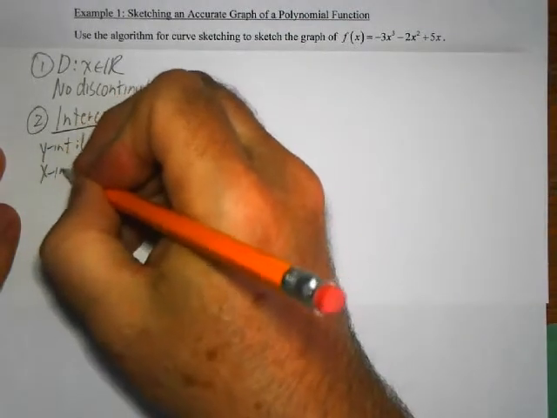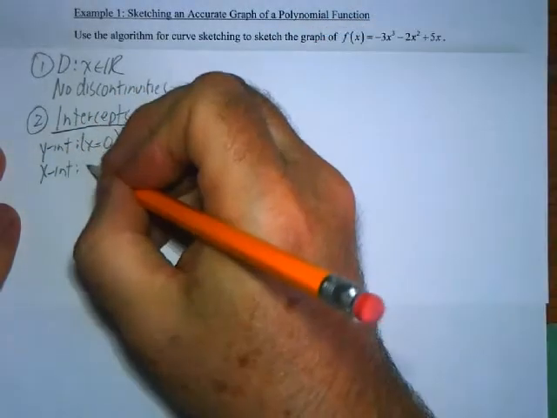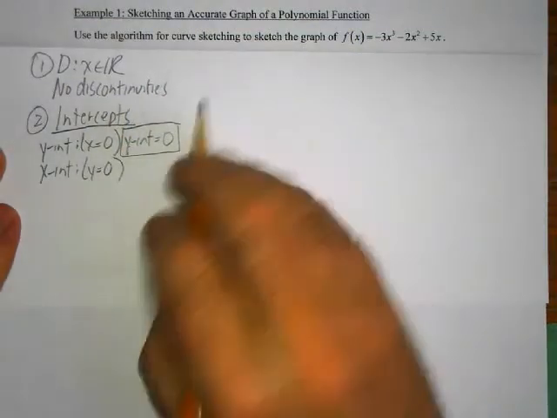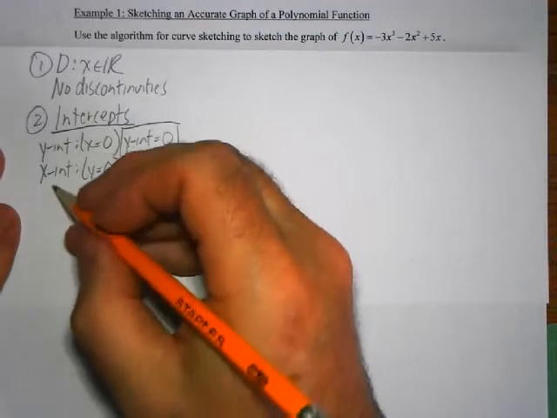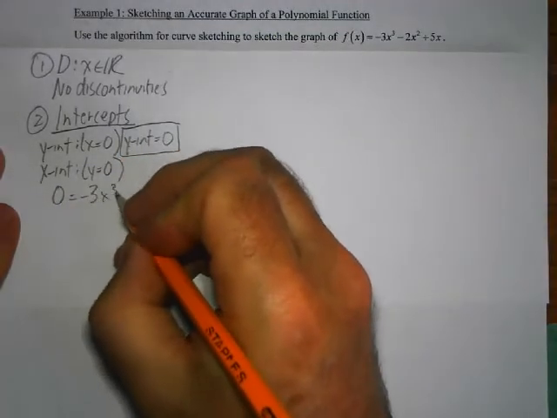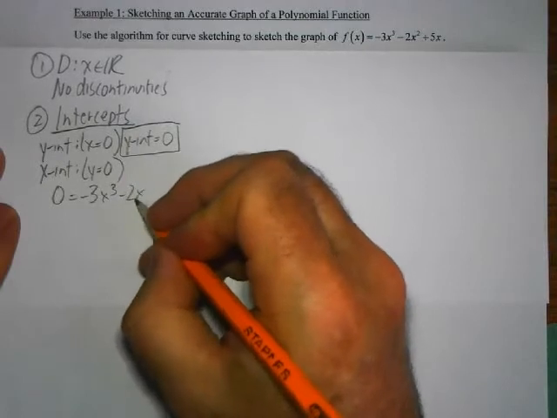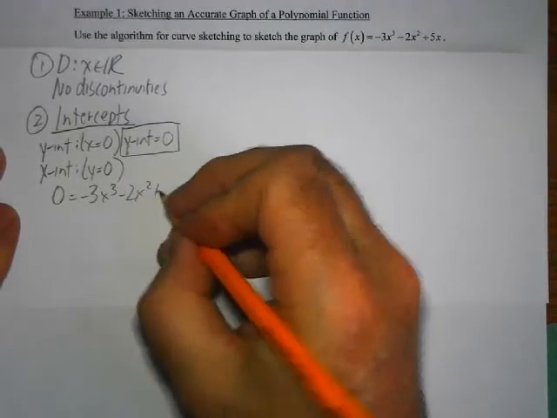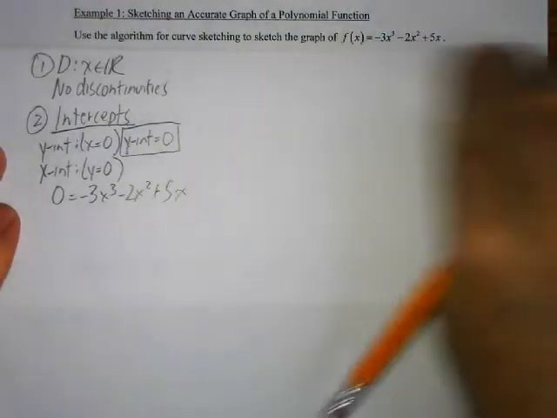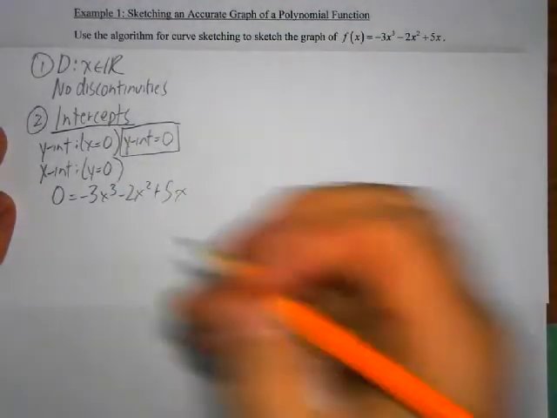You do the x-intercepts. Now for the x-intercept, you set y equals 0. Okay, now it's not quite as easy as the y-intercept. So you set that cubic equal to 0. And the idea would be to factor it, or use, at some point, the quadratic equation to find the zeros.